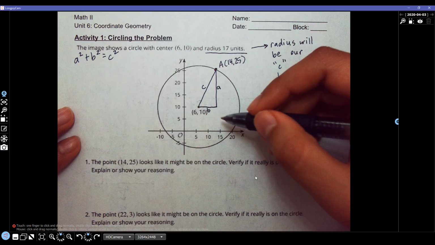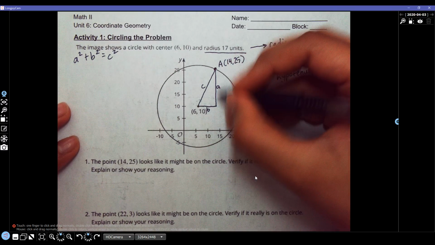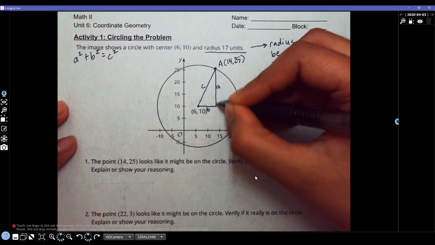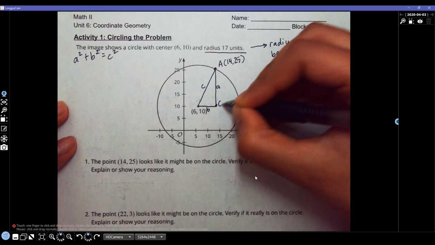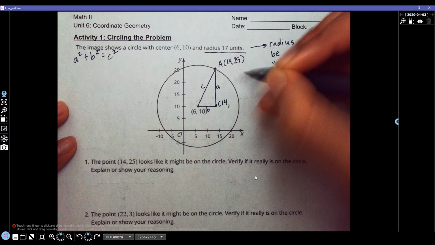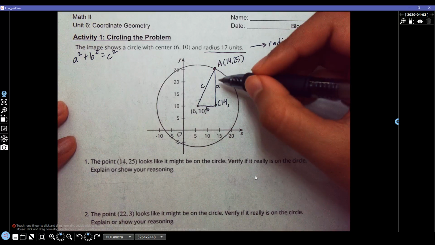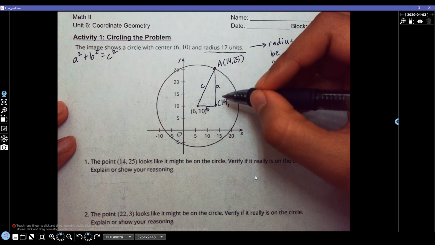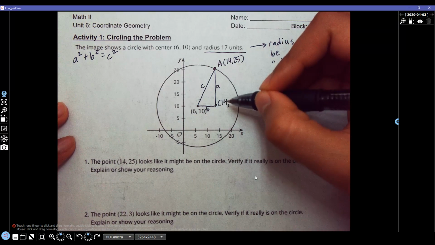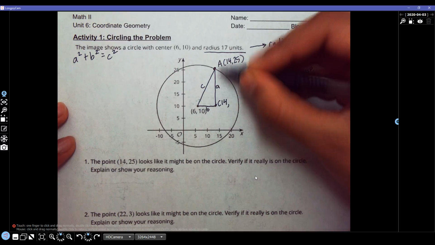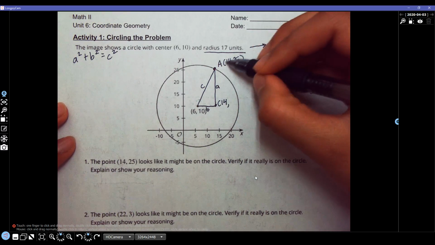Okay, so we can infer from this point over here that the x-coordinate is 14, because it is on the same line as point A, and point A also has the x-coordinate of 14.